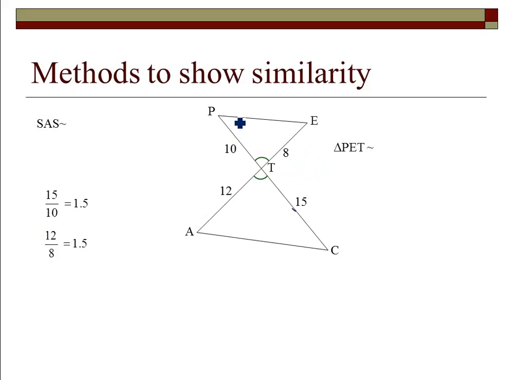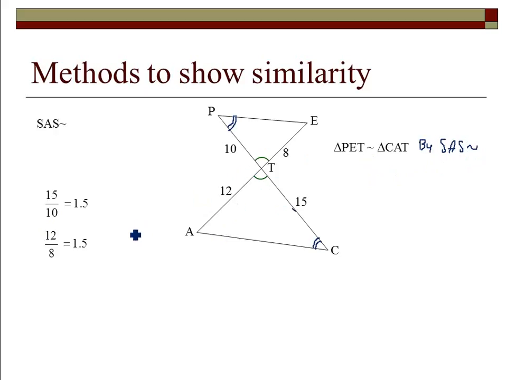Angle P had the longest side, then it went to the vertical angle right here, down to T. My longest side was right here, so that's going to match angle C. I've already got T matched up with itself, so A must match with E. So it's similar to triangle CAT, and this is going to be by side-angle-side similarity.